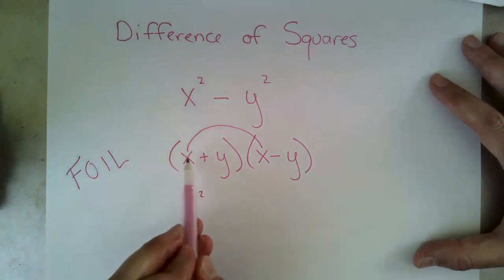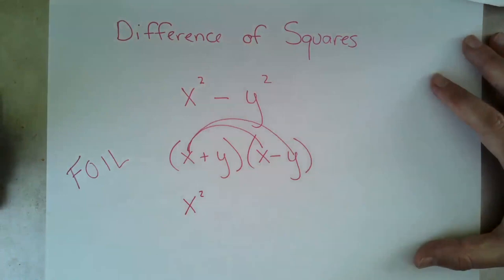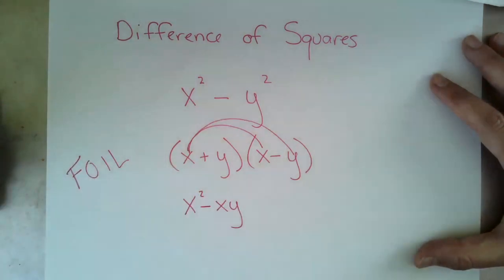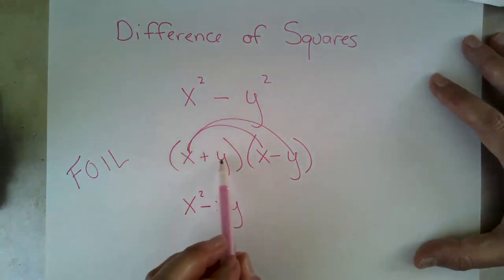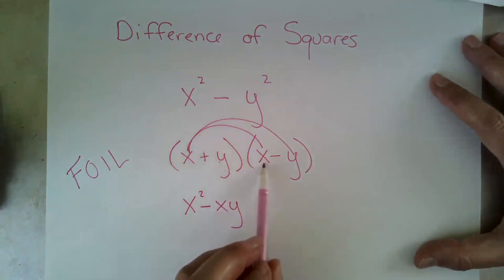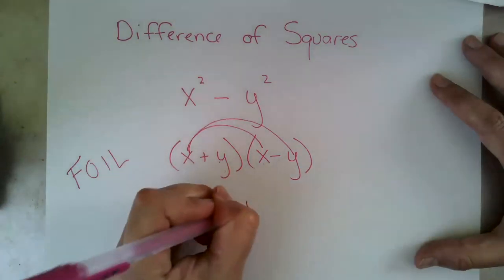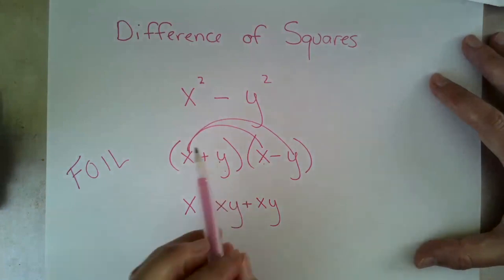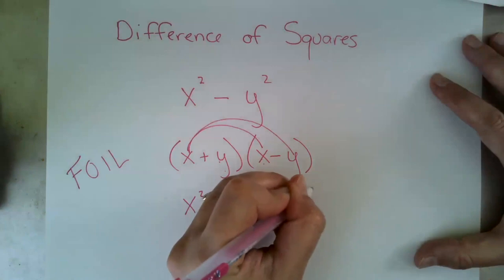The outside two terms, x times minus y, gets us a minus xy. The inside two terms, y times x, gets us yx, but I'm going to rewrite that as xy. Multiplication works in either direction. And then y times negative y gives us minus y squared.